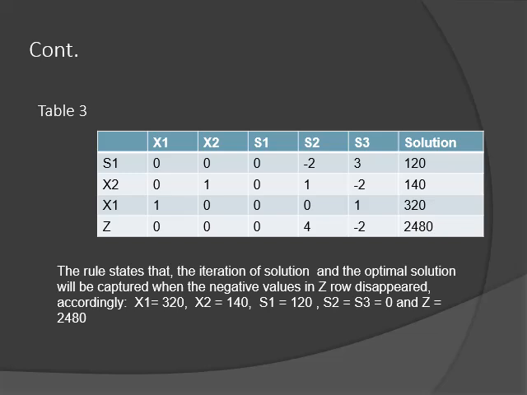Now just focus on the values of Z: 0, 0, 0, 4, negative 2. The rule states that the optimal solution is reached when the negative values in the Z row disappear.